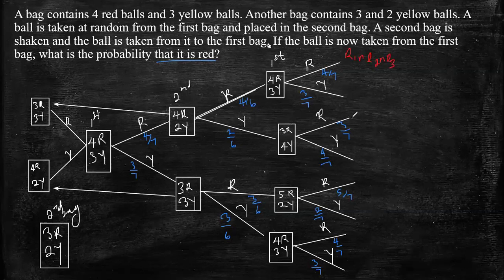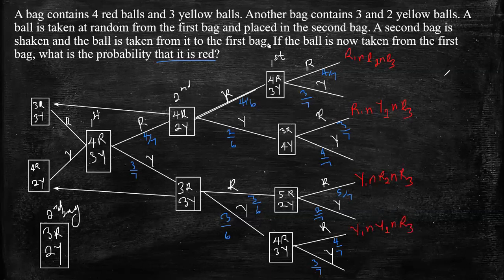Then we also have red 1, intersection yellow 2, intersection red 3. Then yellow 1, intersection red 2, intersection red 3. Then lastly, yellow 1, intersection yellow 2, intersection red 3.